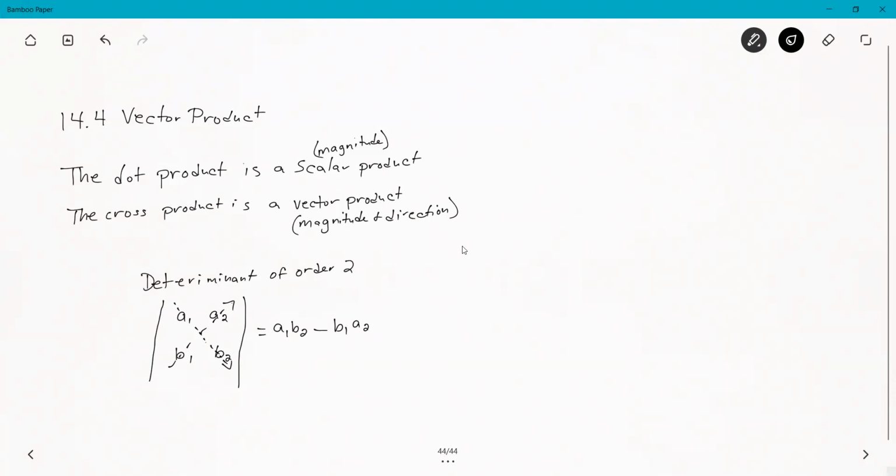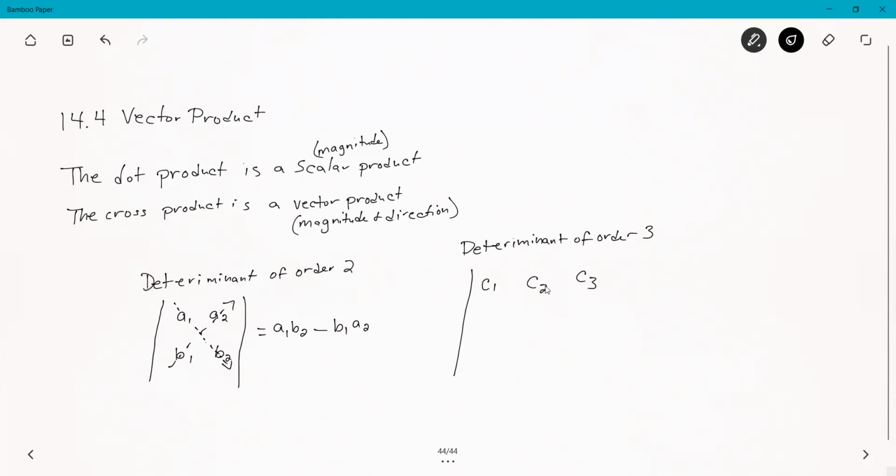Okay, the determinant of order 3 looks like this. We're going to have c sub 1, c sub 2, c sub 3. So it's always going to be in a line.